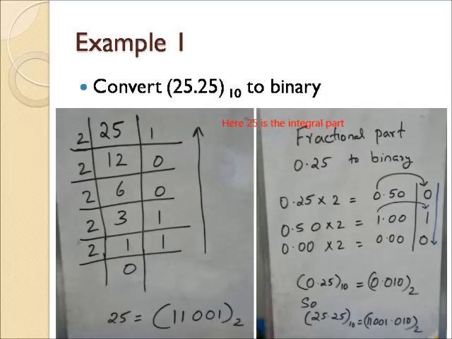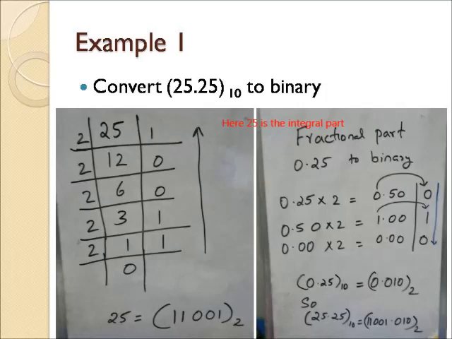The integral part of that is 0, written on the right side column. Again, taking the fractional part 0.50 into 2 gives 1.00. The integral part is 1. The fractional part 00 into 2 gives 0. So in the case of the fractional part, we have to multiply by 2 till we get a 0, right?